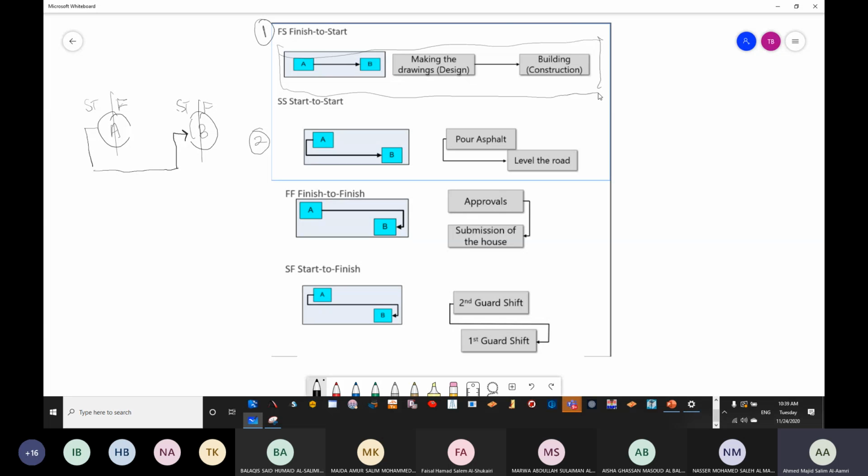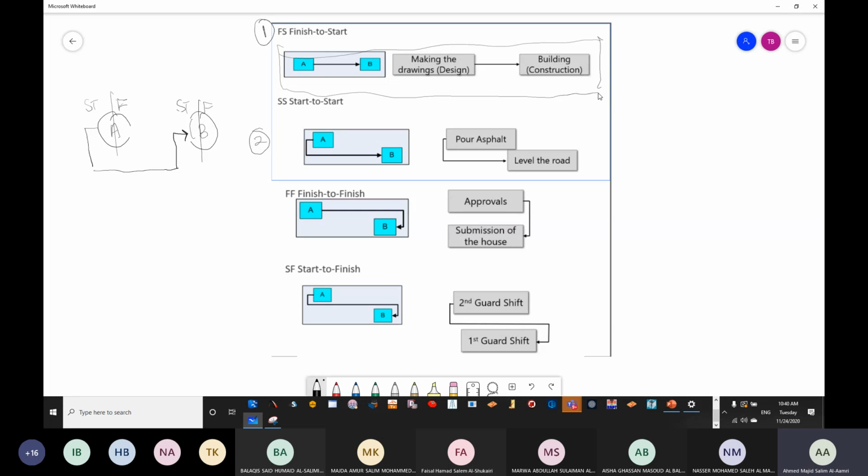Now, in the third method, which is design build, do I need to finish all the drawings to start the construction? In design build, if you remember, do I need to finish all the design to start the construction? We said no, if you remember. As long as they are sitting in the same place, you can start the construction after finishing a certain portion. And I have given an example of Oman Railway. You remember, right?